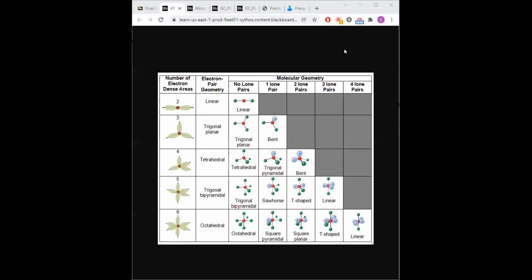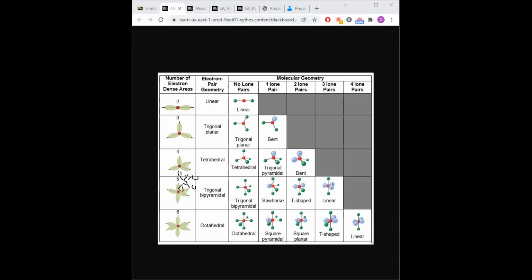Where was it? There it is. All right. SCl4 has 5 groups because it looked like this. It has 4 bonding groups and 1 lone pair, which is seesaw.